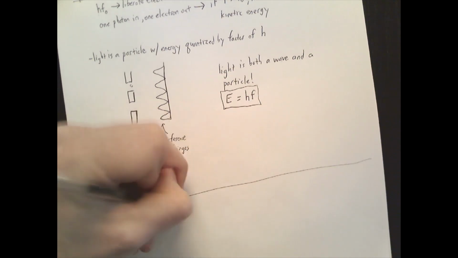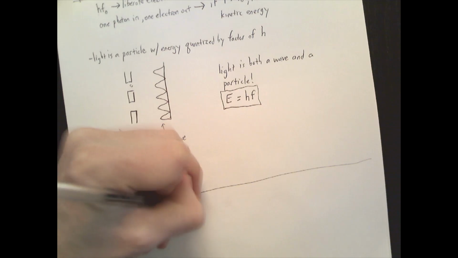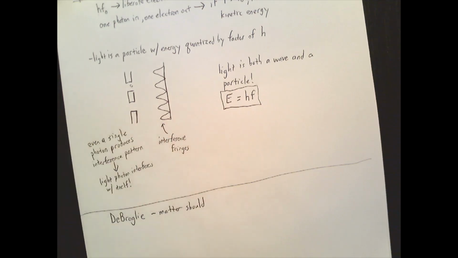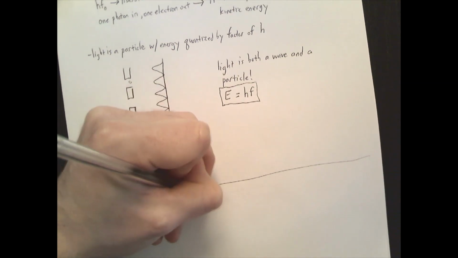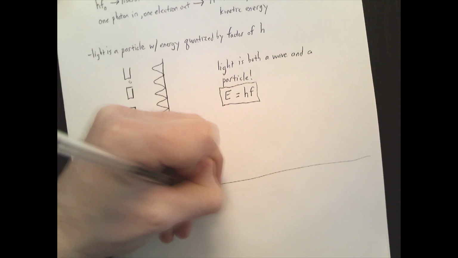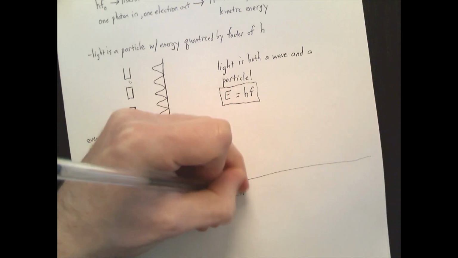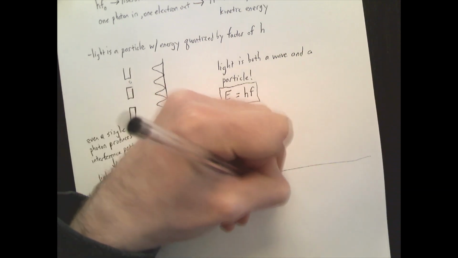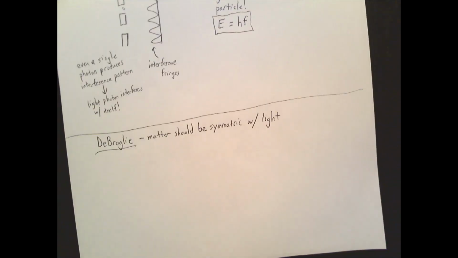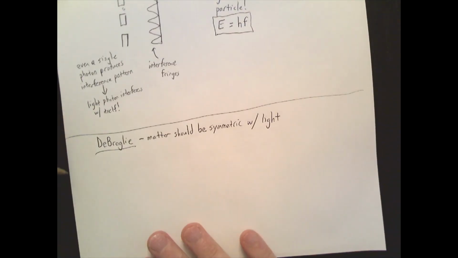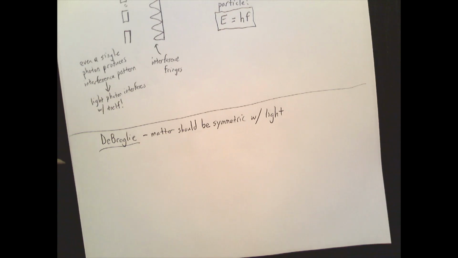And what he meant by that was, if light can act like a particle and a wave, maybe matter should act like a particle and a wave too. So he figured that matter should also have a wavelength, or a wave-like property to itself.